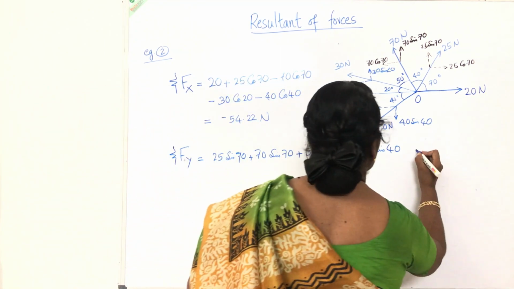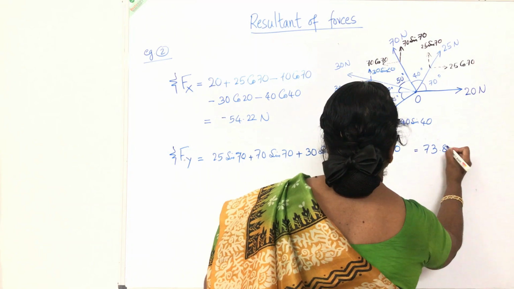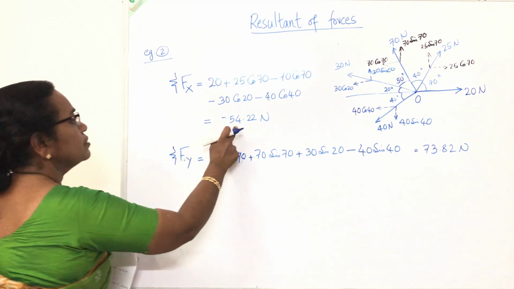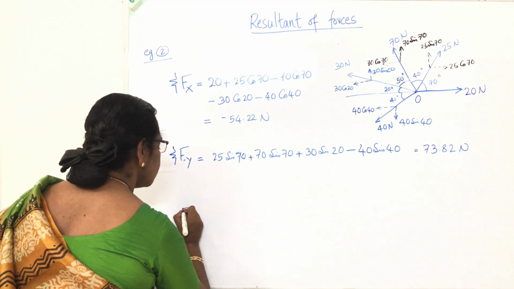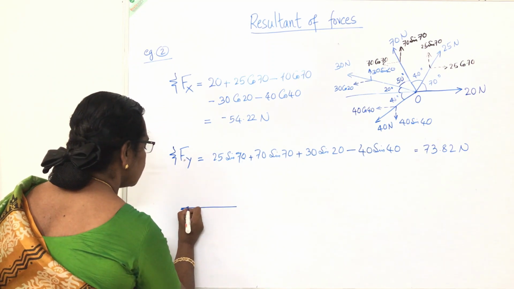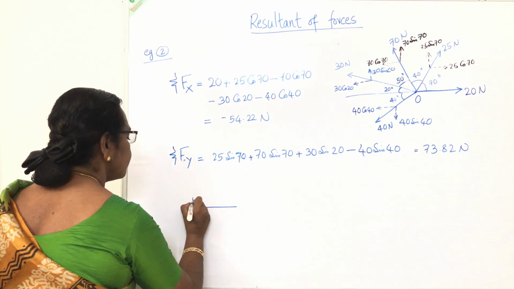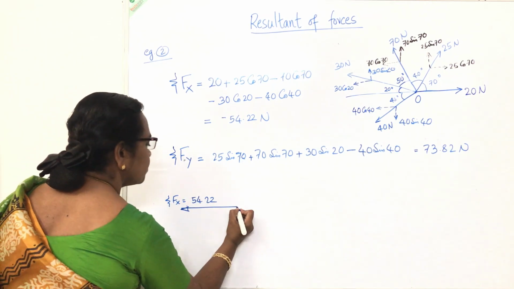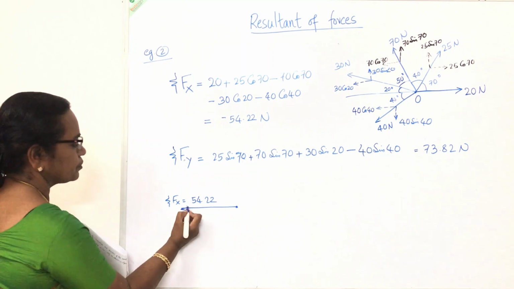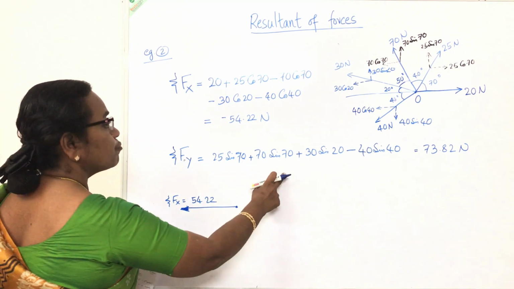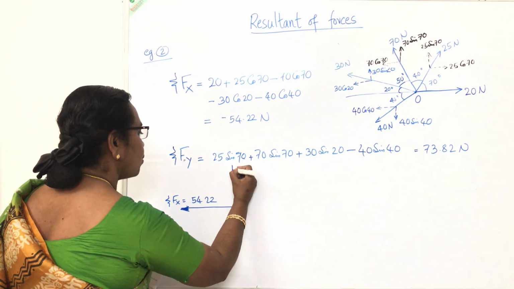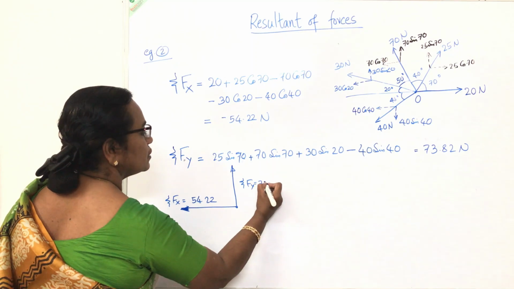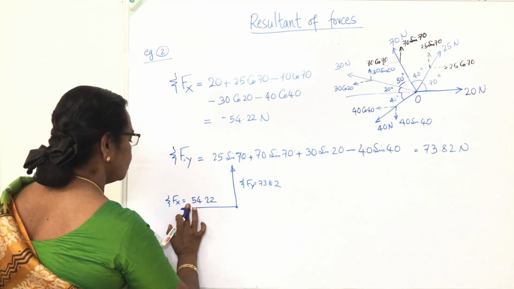This gives 73.82 Newton. So sigma Fx is 54.22 towards left, negative. Sigma Fy is 73.82, up, positive.